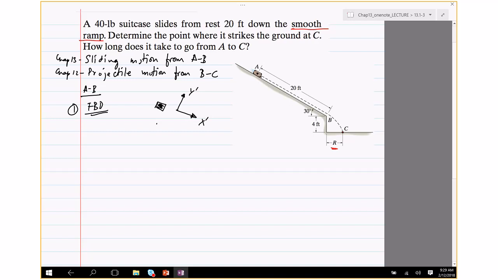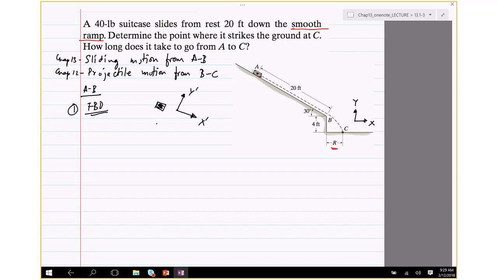The only reason I'm going to do that is because I want to use two coordinate frames to solve this problem. When the particle is on the incline, I want to use X prime, Y prime. But when the box is moving from B to C, I want to change my coordinate frame, and I use this coordinate frame. Okay, so it's okay to switch coordinate frame as long as you're consistent. And that's just because, as I showed you earlier, it's more convenient to have a coordinate frame along the incline.